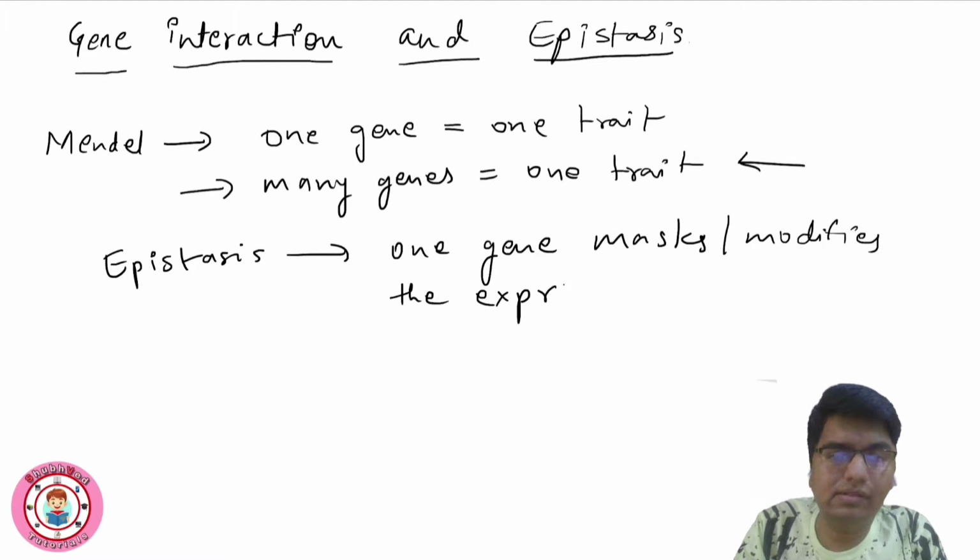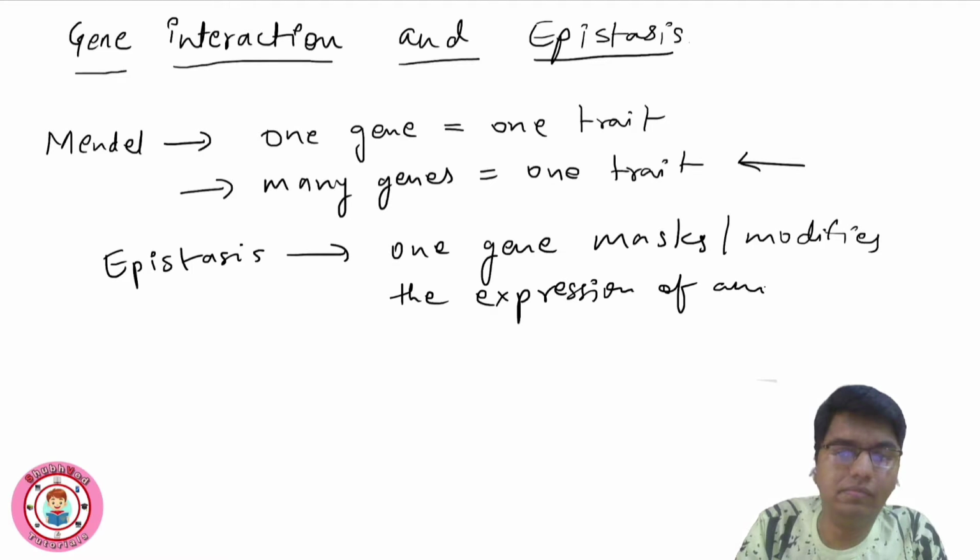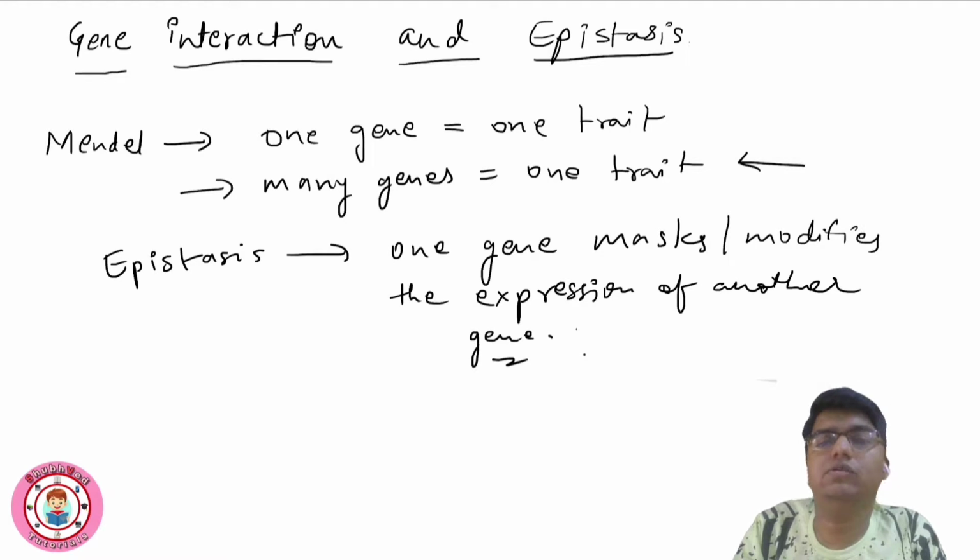Got it? This is epistasis. Means one gene will hide, masking means it will hide the expression of another gene, or it will modify the expression of another gene. So this is gene interaction and epistasis.